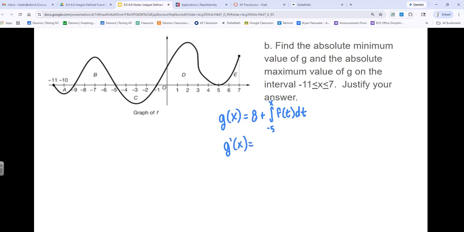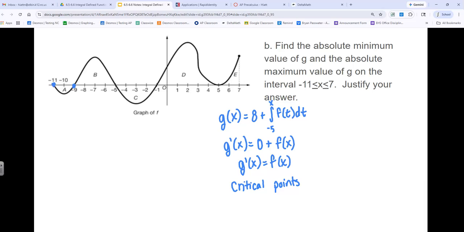What's the derivative of 8? 0. It goes away. What's the derivative of this integral? F of x. So g prime of x just equals f of x. And so your critical points would be anywhere that f of x equals 0.